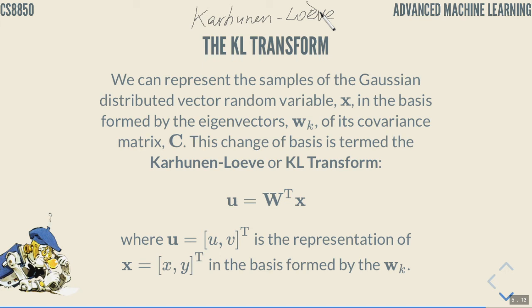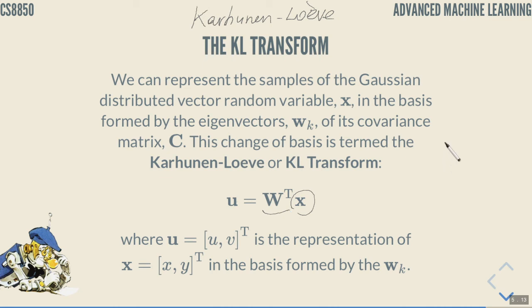So we can represent the samples of the Gaussian distributed vector random variable x in the basis formed by the eigenvectors of its covariance matrix C. This change of basis is termed the Karhunen-Loève transform, or KL transform. So we can take each of our samples and project them into the basis of the eigenvectors. So U is a representation of x in the basis formed by the eigenvectors.